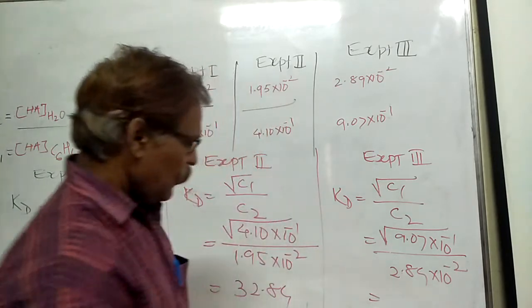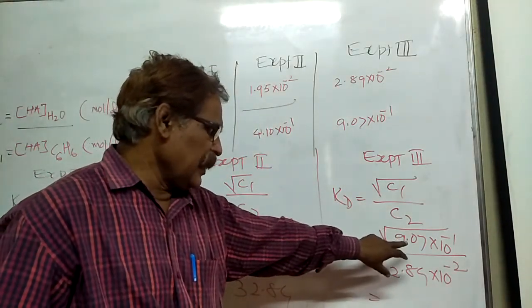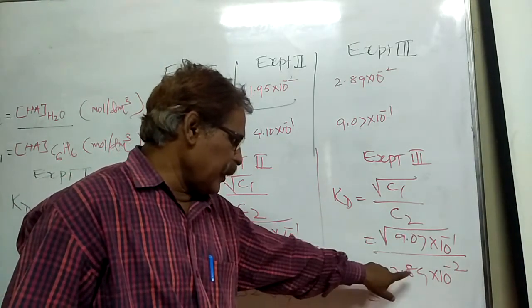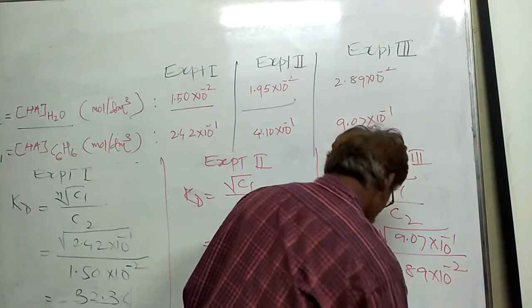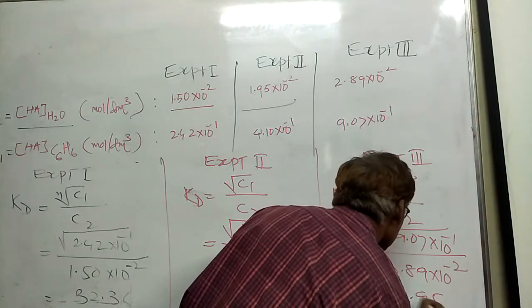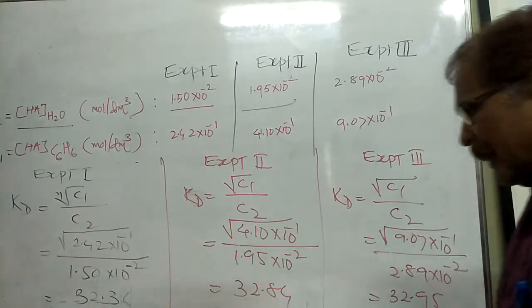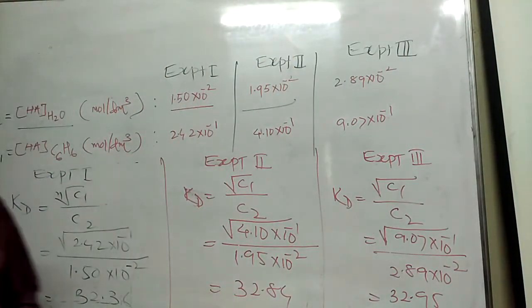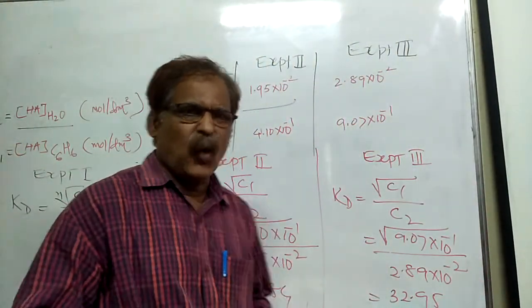And when we solve this, square root of 9.07 into 10 to the power minus 1 upon 2.89 into 10 to the power minus 2, we get 32.95.